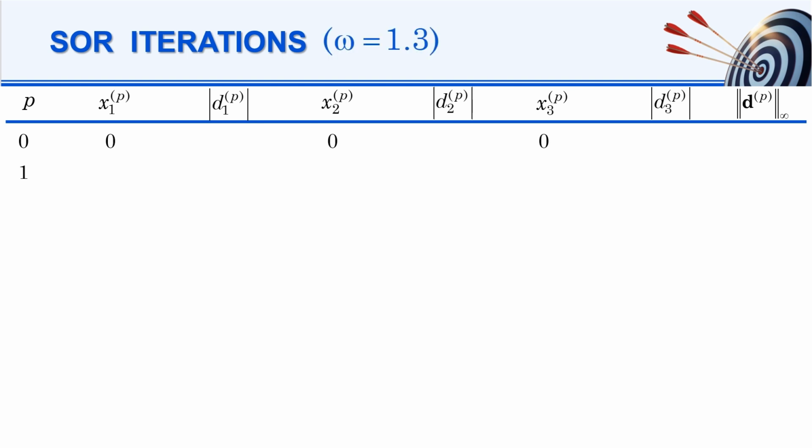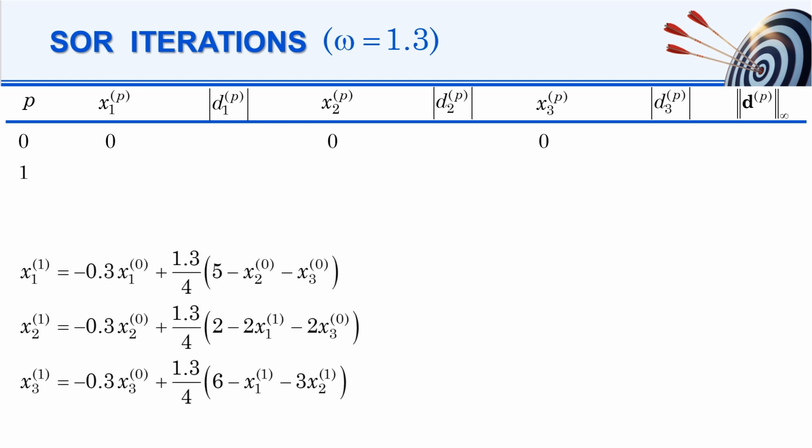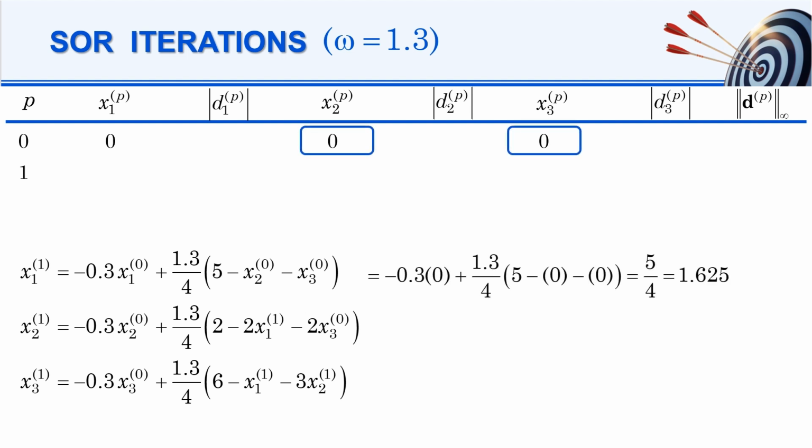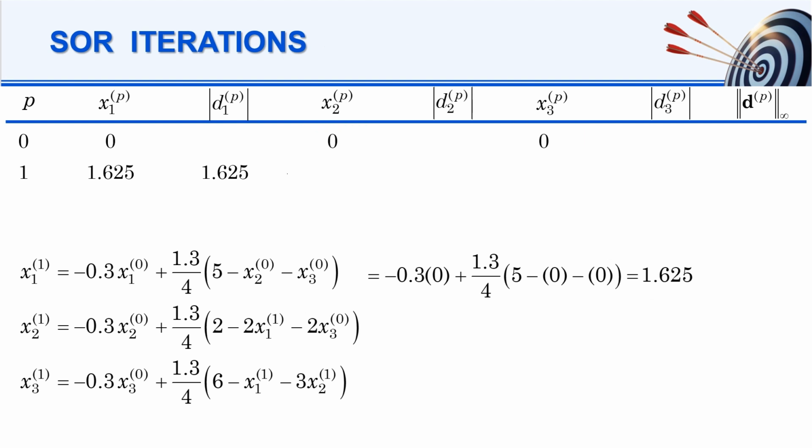For p equals 0, the SOR iteration equations are written as follows. Using the first equation for x1 yields 1.625. The displacement at this step is also 1.625. The second iteration equation with the current estimate of x1 and prior estimate of x3 gives 0.40625.